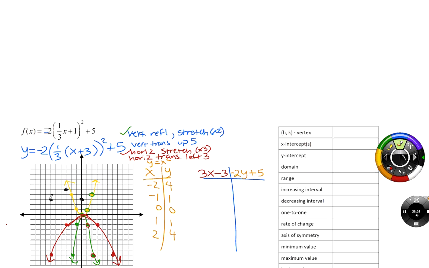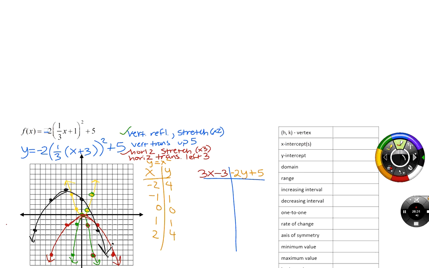And then there should be another point 6 horizontally away and 8 below from the vertex. So that would be our final graph.